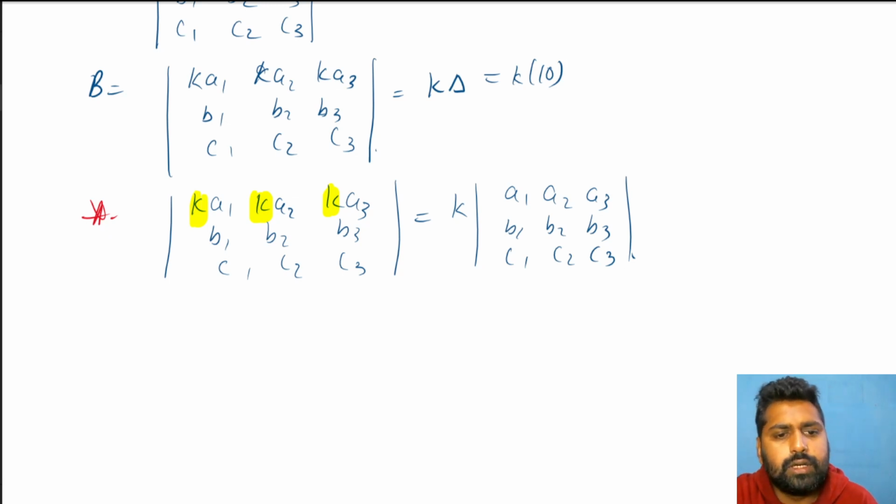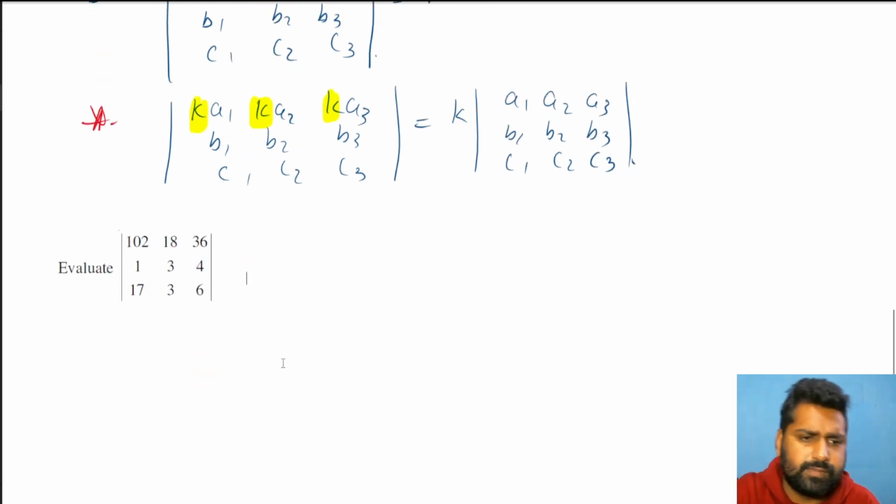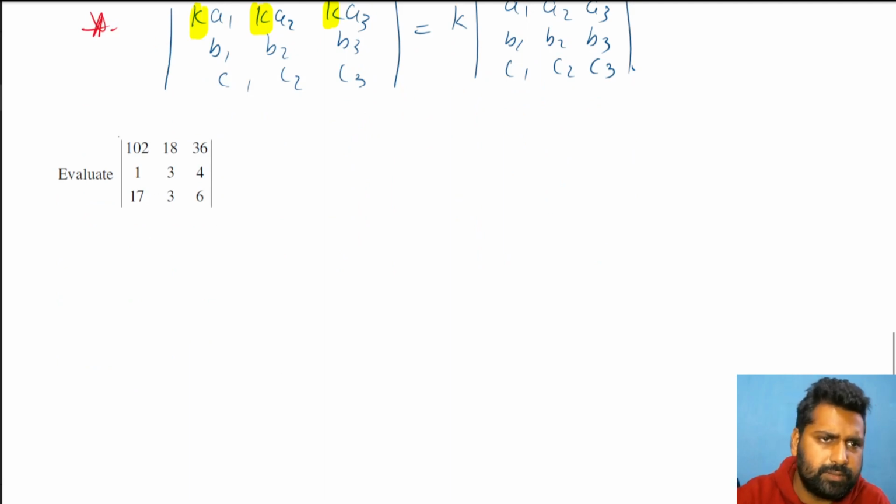All right. Finally, the last property. Let's use this property first. Let's take one example. This is a question. You have to evaluate this determinant. Now the moment I see this, I see big numbers: 102, 18.